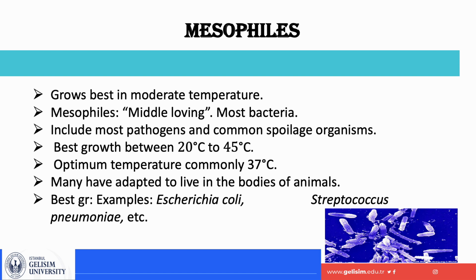Many mesophiles have adapted to live in the bodies of animals, including humans. So some examples of mesophilic bacteria include E. coli and Streptococcus pneumoniae. Because mesophiles are so common, they play a significant role in many different biological processes, including disease and food spoilage.